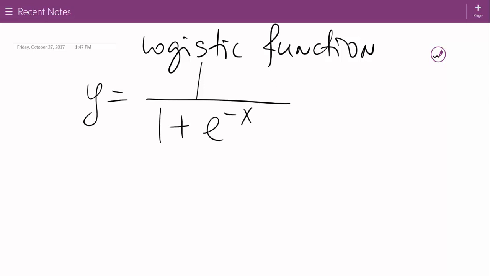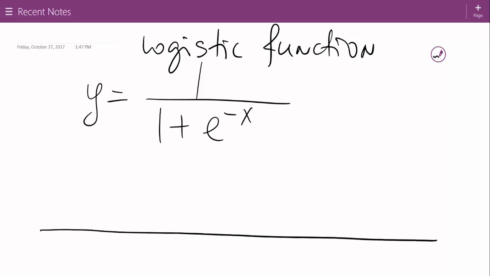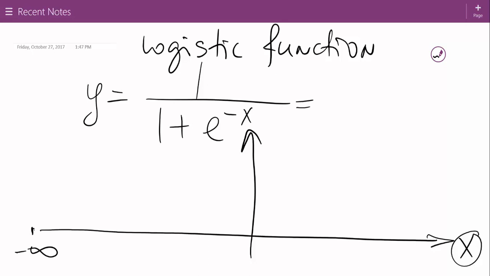Let me draw the graph of this function. This is my x. What happens if x is a really, really small number, so let's call it minus infinity? I have 1 over 1 plus e to the power minus infinity, so it becomes e to the power plus infinity, essentially.